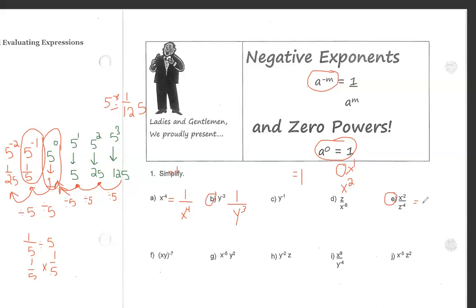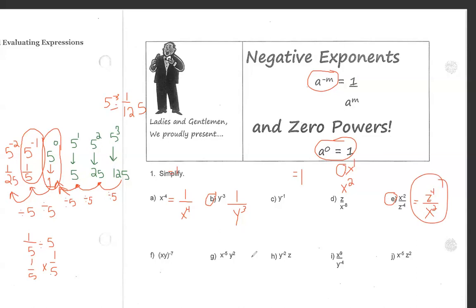So we're going to flip the x squared to the bottom. Again, make it happy. Make it positive. Z to the negative 4th, it shouldn't be at the bottom. It should be at the top. So flip it, change it to a positive. So this is how you would simplify negative exponents. You literally just flip it and then make it positive.